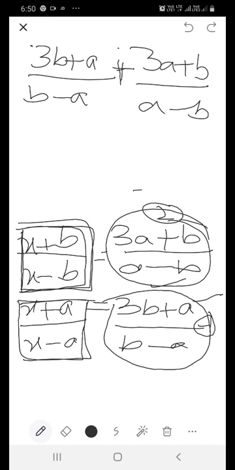Now what do you see in the denominator? In order to add the two fractions, you have to take LCM. What do you see in these two binomials? There's a difference of minus sign. So I'm going to take minus common.